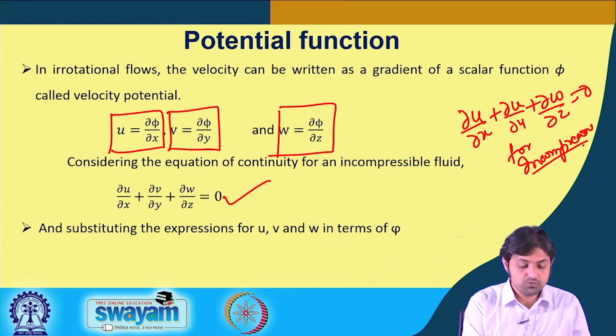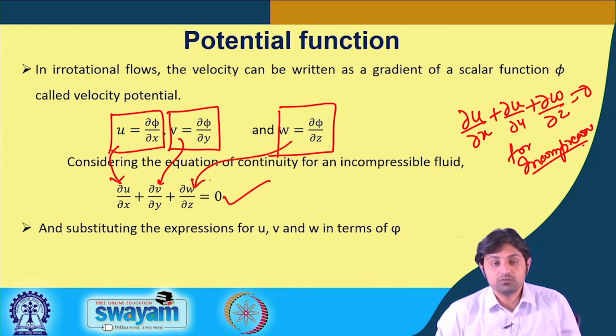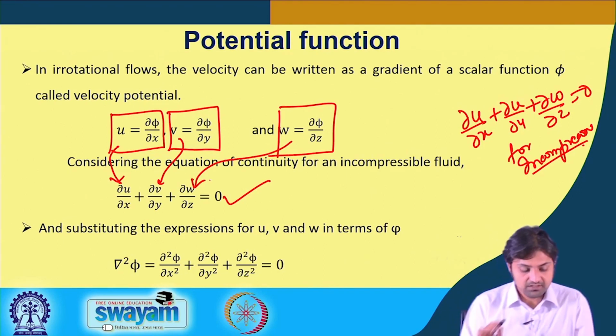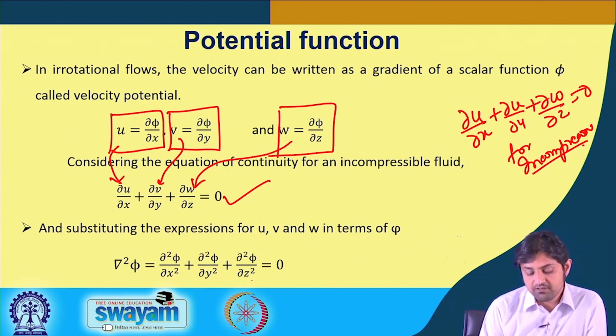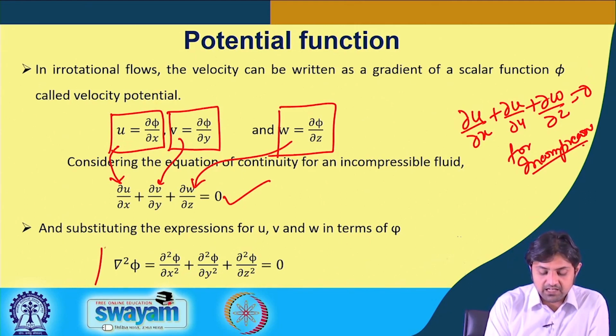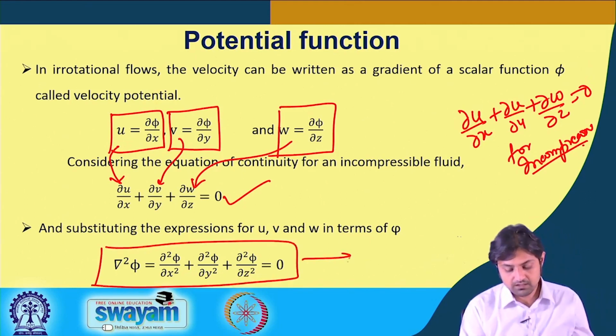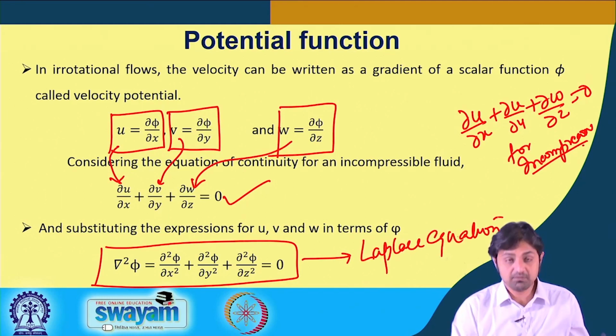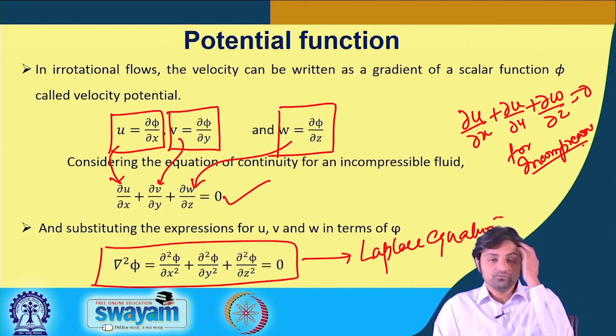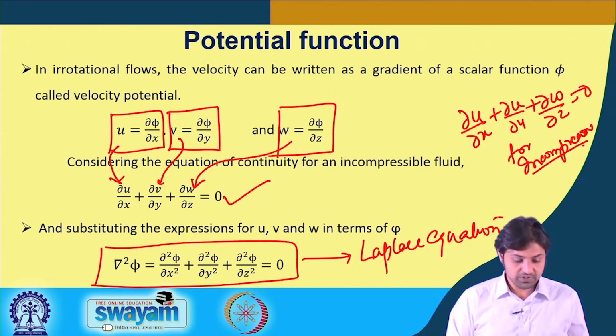If we substitute these u, v and w here, what are we going to get? Del square phi is equal to del square phi by del x square plus del square phi by del y square plus del square phi by del z square, and this is again the Laplace equation.